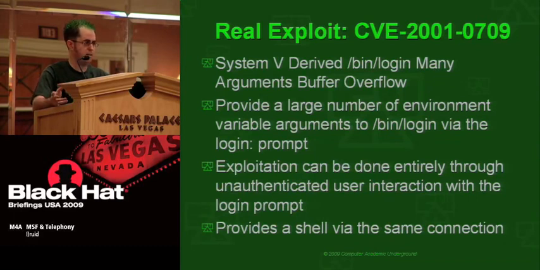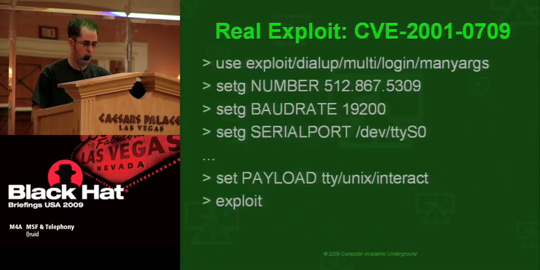There's another way to get to this over a telnet vector, but this one works best for dial-up. So the point is exploitation can be done entirely through the unauthenticated user prompt. And what it does is it provides a shell basically bypassing the password. You still enter a password, but it doesn't check anything. It just drops you to the shell as the user that you're attempting to log in as.